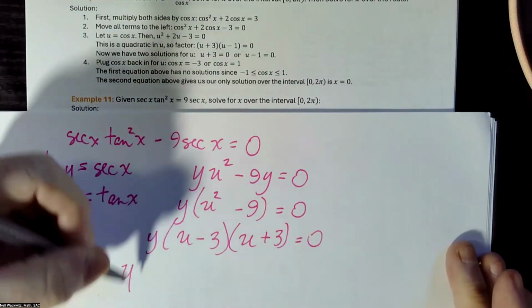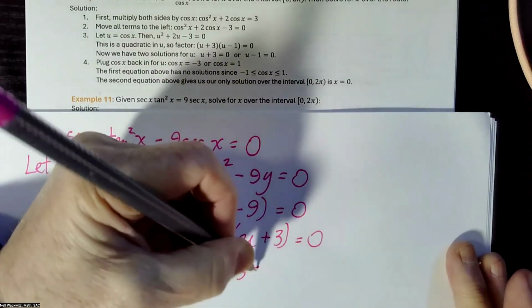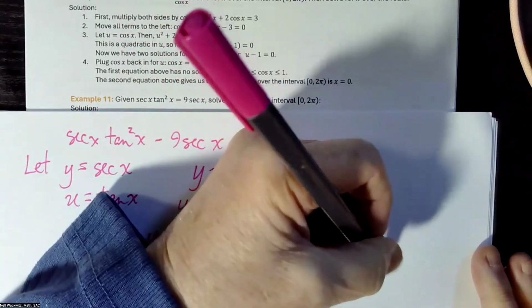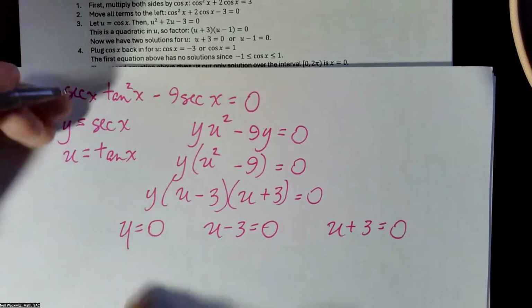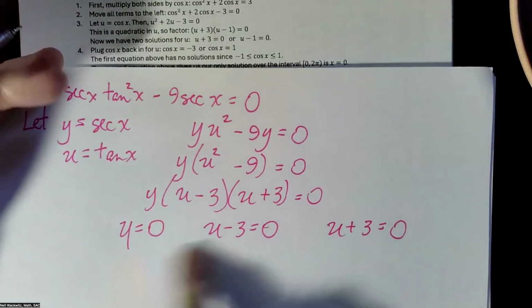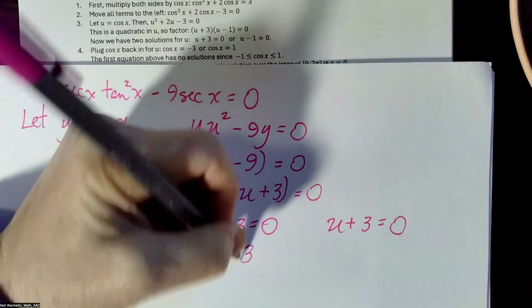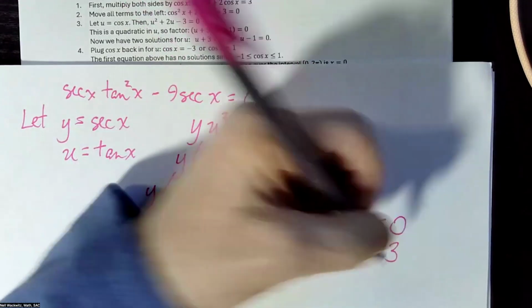So I'm going to set y equal to 0, u minus 3 equal to 0, and u plus 3 equal to 0, and solve for the variables. Well, y equals 0, that's done. U minus 3 equals 0, we get u equals 3, and u plus 3 equals 0, we get u equals negative 3.